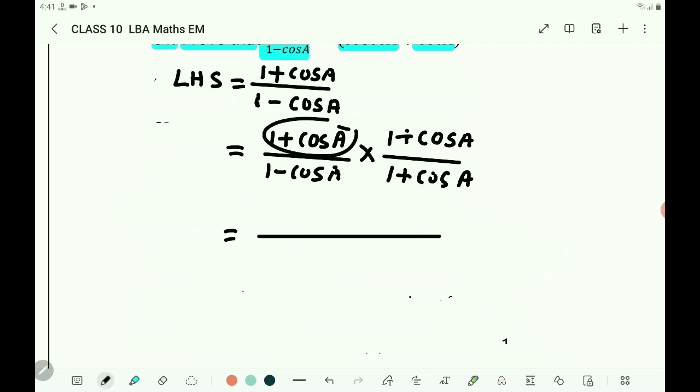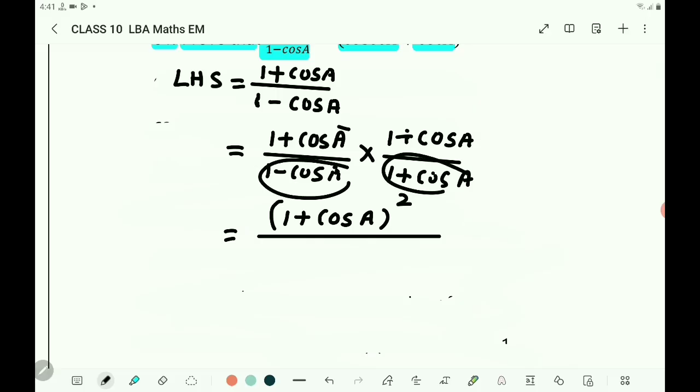Equals 1 plus cos A into 1 plus cos A is 1 plus cos A whole square. Then 1 minus cos A into 1 plus cos A is in the form of A minus B into A plus B, which is A square minus B square.